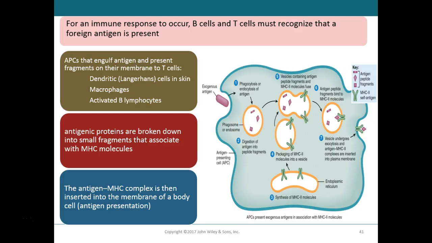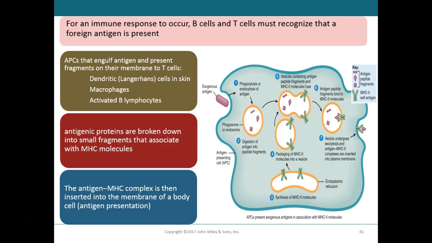For an immune response to occur, T cells and B cells must recognize that a foreign antigen is present. B cells can recognize and bind to antigens in lymph, interstitial fluid, and in the blood plasma. T cells only recognize fragments of antigenic proteins that are processed and presented in a certain way.